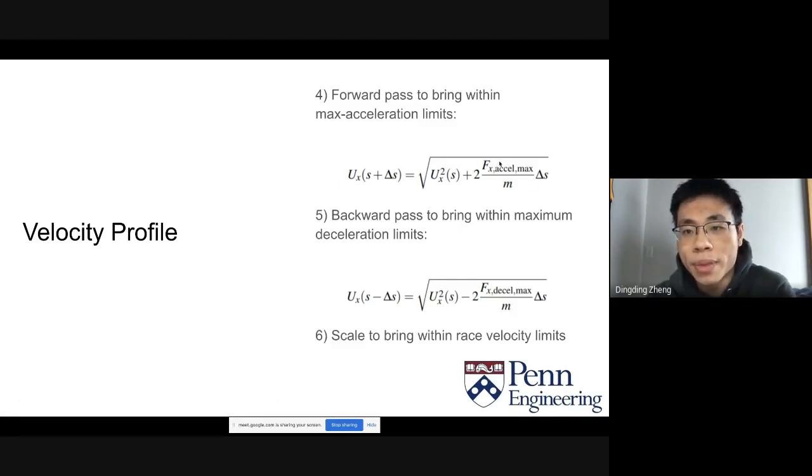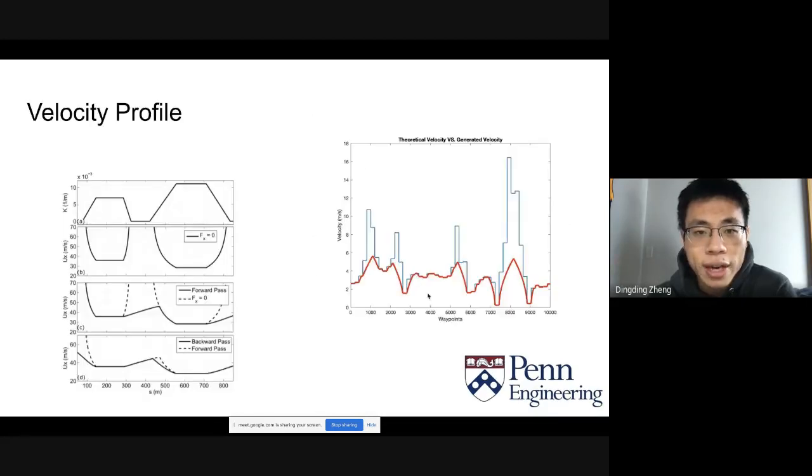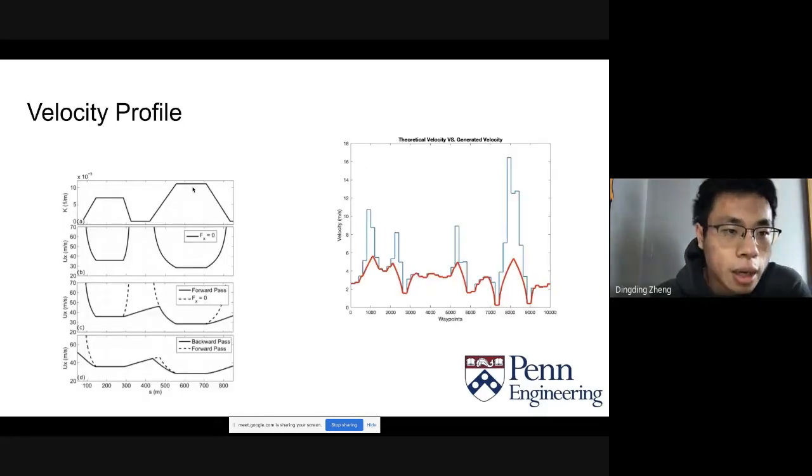Let's see the parameter here called fx accel max. That's the maximum available longitudinal force for acceleration, and fx decel max is the maximum force for deceleration. Let's jump to the next slide to have a clearer view.